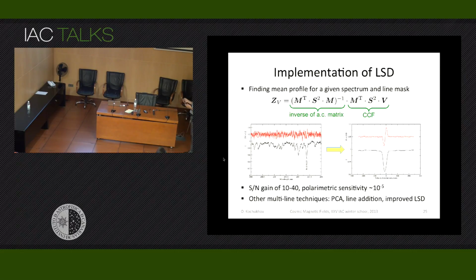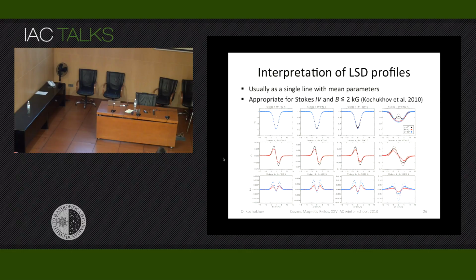And I should mention that least squares deconvolution is not the only multi-line approach. There are other approaches like principal component analysis, line addition, and various improved versions of LSD. Now, the other question is, okay, we've got these nice mean profiles, but how to interpret them?